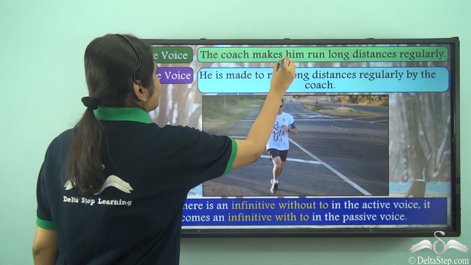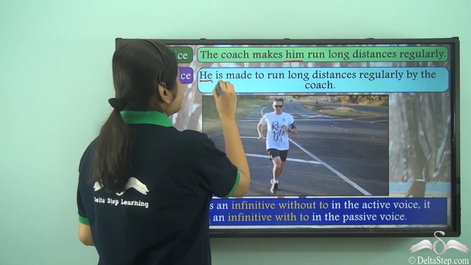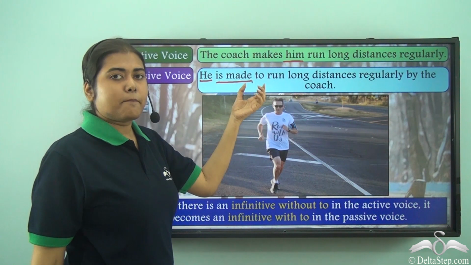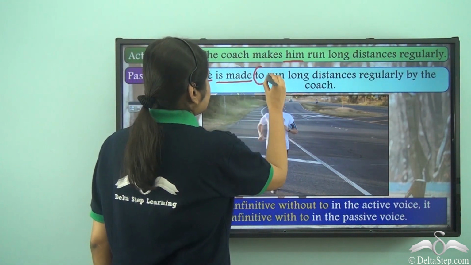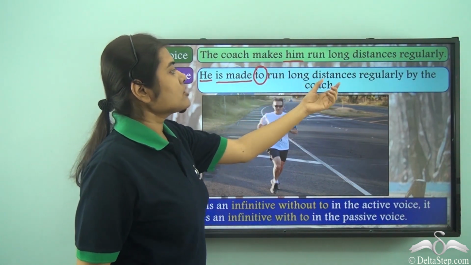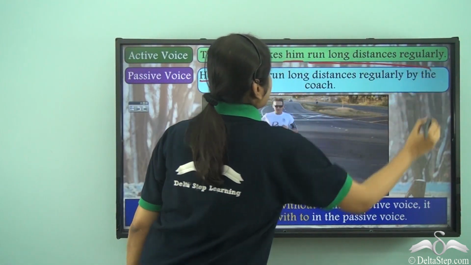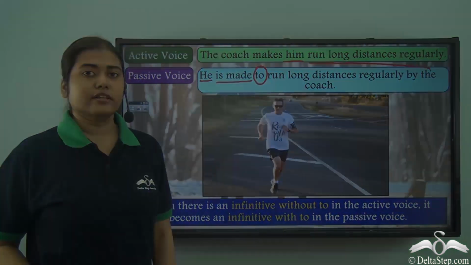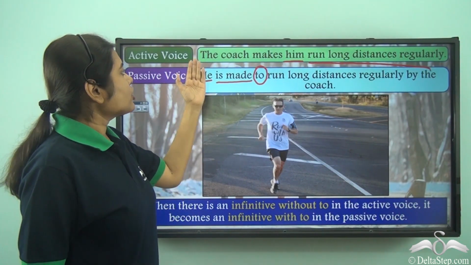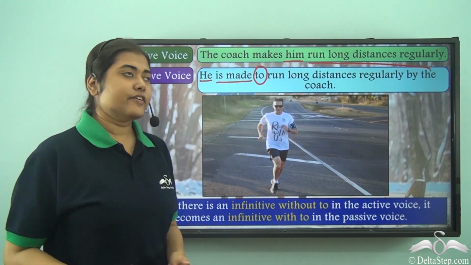Now here the first change was to make the object into a subject. After that we have changed the verb form. Makes becomes is made. Now note this preposition to run long distances regularly. In the active voice I had simply run long distances regularly. If you read this sentence carefully, it actually reads, the coach makes him to run long distances regularly.